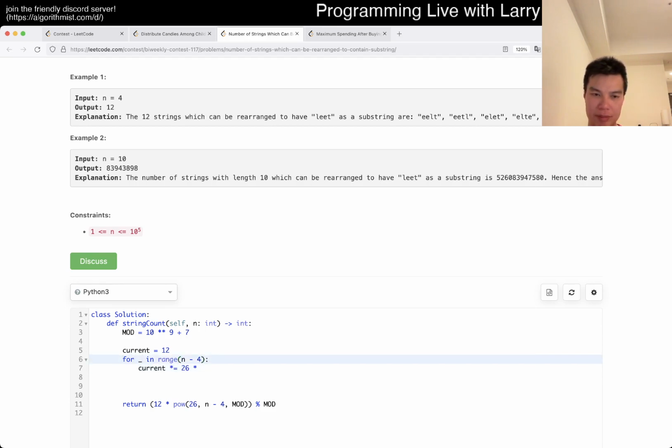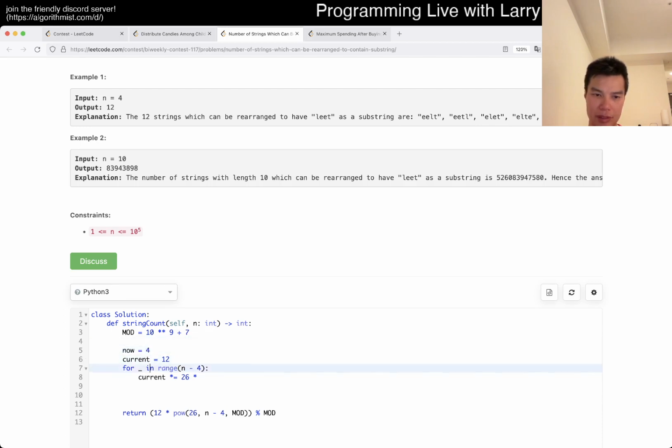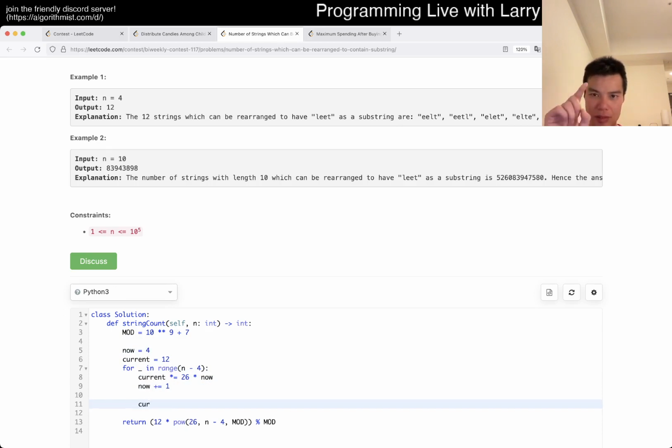I did my for loop in a weird way, but fine. And it's just plus 1, because that's the number of gaps that you put it in, right? Is that true?